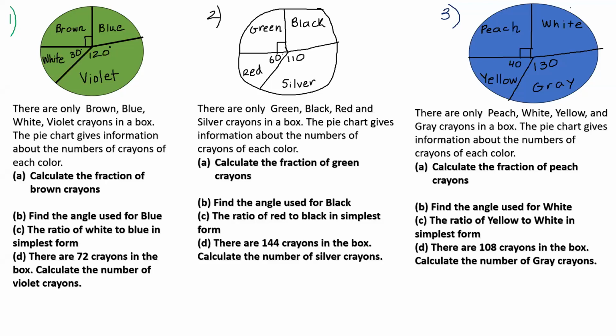For example, number 1. Where did you get 150 from again? 150 is from the color. That's the degrees for the color. What color is it? The color for that is yellow, right? Yes, sir.